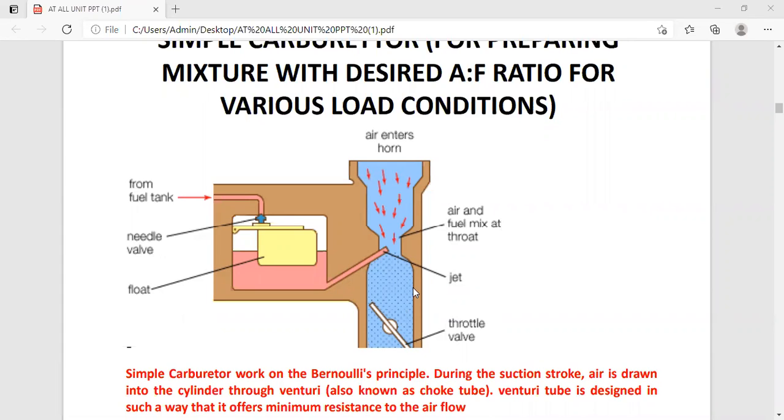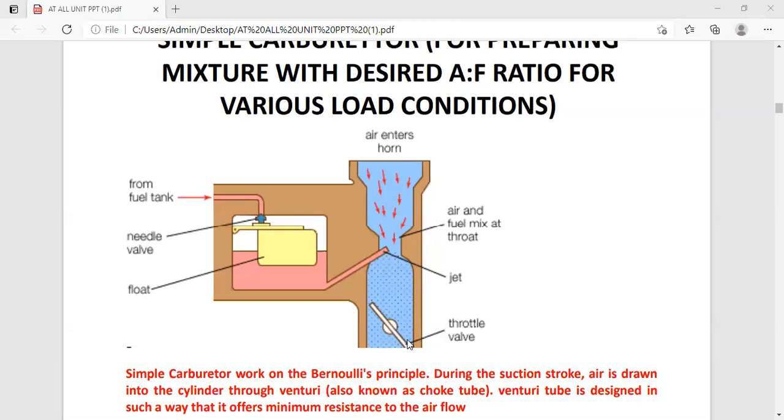Now, if you observe this simple carburetor, what are the disadvantages or drawbacks you are finding? One by one we are going to discuss. It provides the required air fuel ratio only at one throttle position.